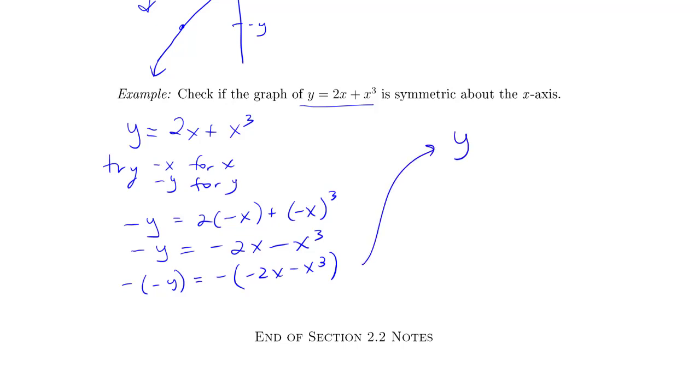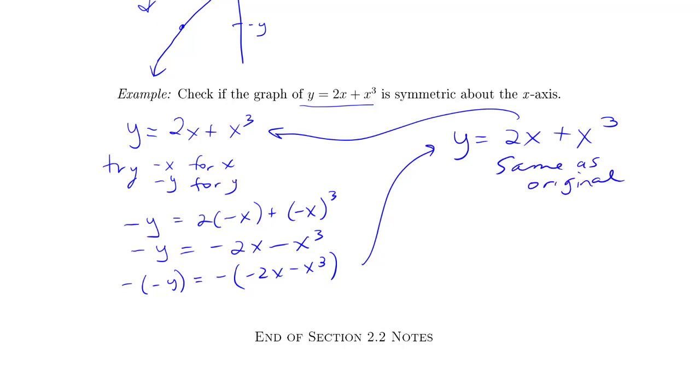And so I'd get y equals 2x plus x cubed, which is the same as my original. So I was able to get back the original equation after substituting negative x for x and negative y for y. So this one is symmetric about the origin.